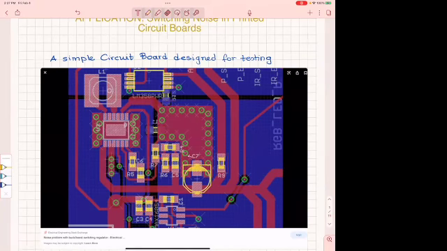All right. So practically, these lines are not infinitely thin, but they are wider.